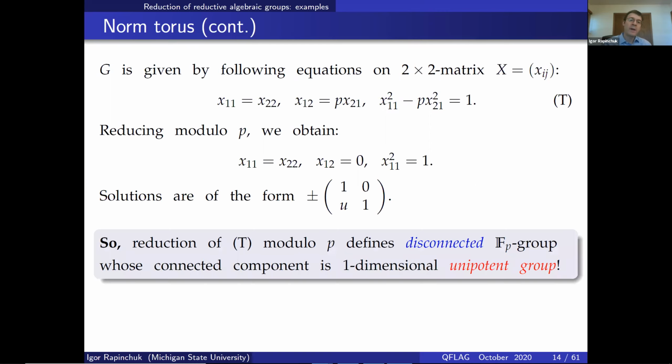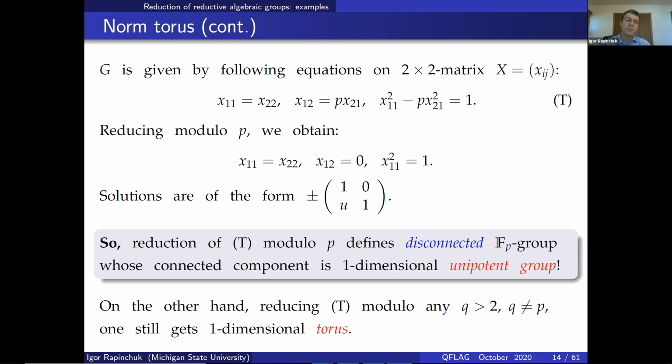So therefore, what happens is that we started out with our torus. We took a system of equations describing this group. We reduced it mod p, and we ended up with a unipotent group. And of course, if we reduce modulo any other prime, then we still get a torus. So in other words, the behavior changes radically after reduction modulo p.